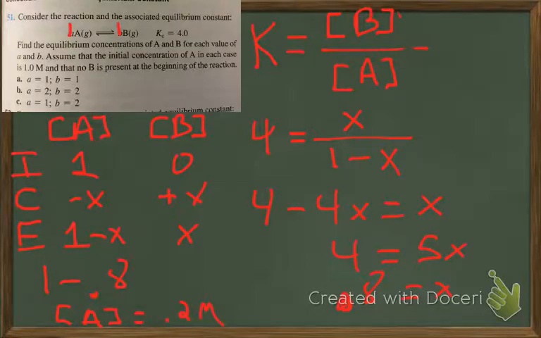And the concentration of B at equilibrium? Yeah, it's just 0.8 because it says right here it's just x. Okay, does that make sense? All right, now let's do part B.